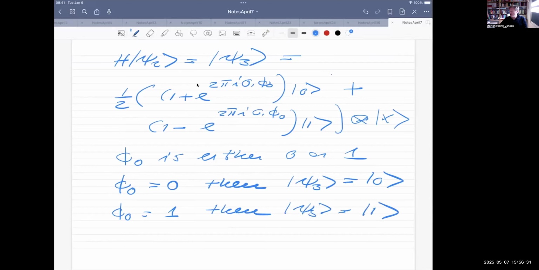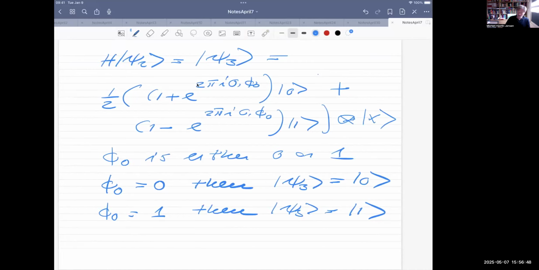So that means that if we measure either 0 or 1 with certainty, we would have to repeat that many, many times to see how many times we measure the states. Then this phi angle is equal to 0 or 0.5.